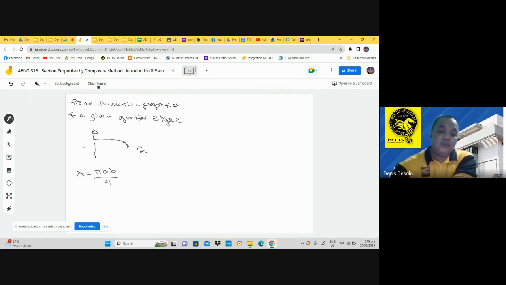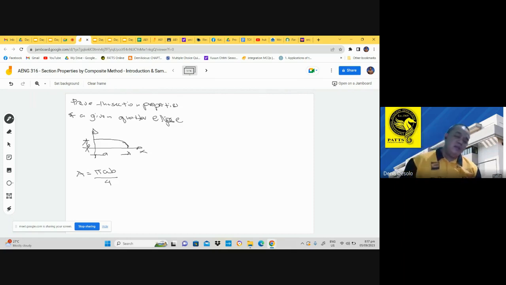The small letter A stands for the semi-major length, and the small letter B stands for the semi-minor length. If you already encountered the figure of the ellipse, you will know that there are two sides, unlike the circle, which has the same sides, which are diameters.